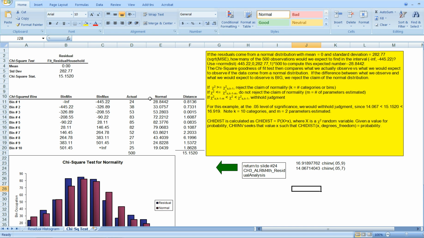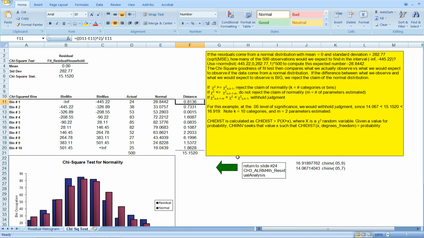And you can see what I've done here is, I've broken this up into a frequency chart, and I've looked at the actual number of observations versus what we would expect if in fact those observations, those residuals, came from a normal distribution. I computed the difference between the observed and the expected values, squared them, standardized them in a way by dividing by the expected value, and summed them up to get a chi-square value.